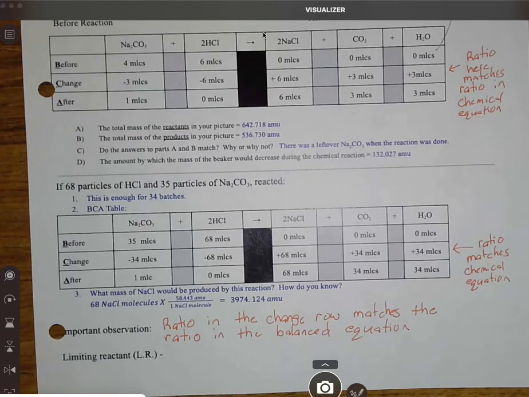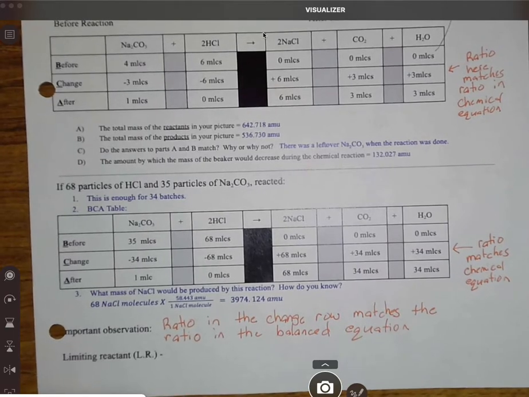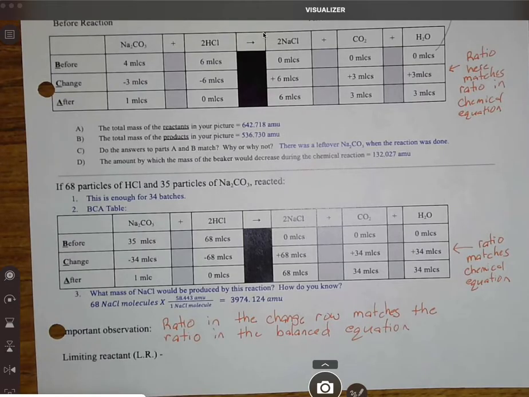And so constantly, I want you to keep that in the front of your brain, and I want you to always be checking your change row to make sure that that ratio stays the same.